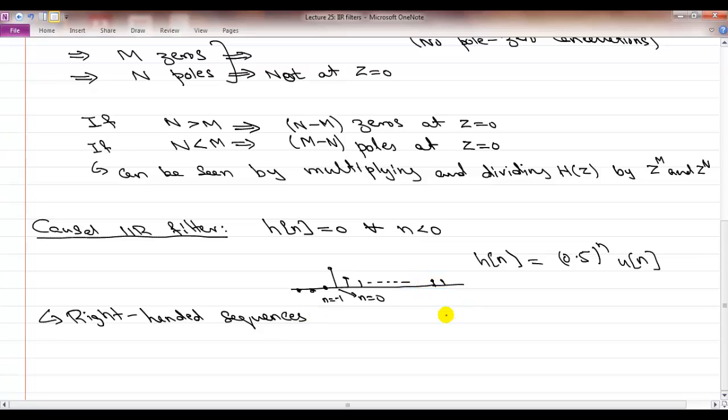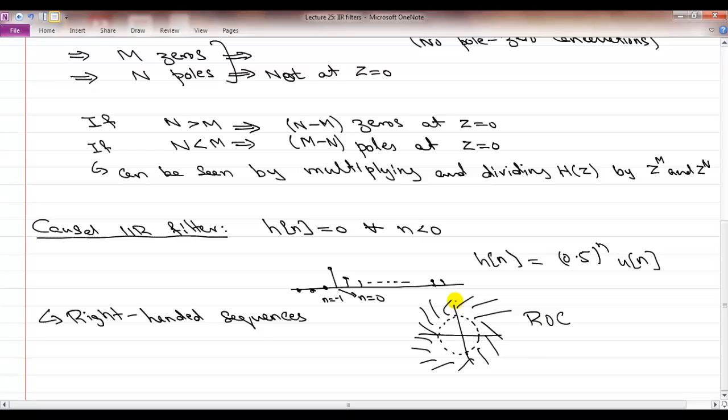The property of a right-handed sequence is that the region of convergence always extends outwards from the rim of a circle. So the region of convergence is of the form that you have some circle somewhere, it is not the unit circle, and the region of convergence is everything outside this circle. Okay, so this is the region of convergence for a right-handed sequence, and by definition for a left-handed sequence this will be inward towards the circle.